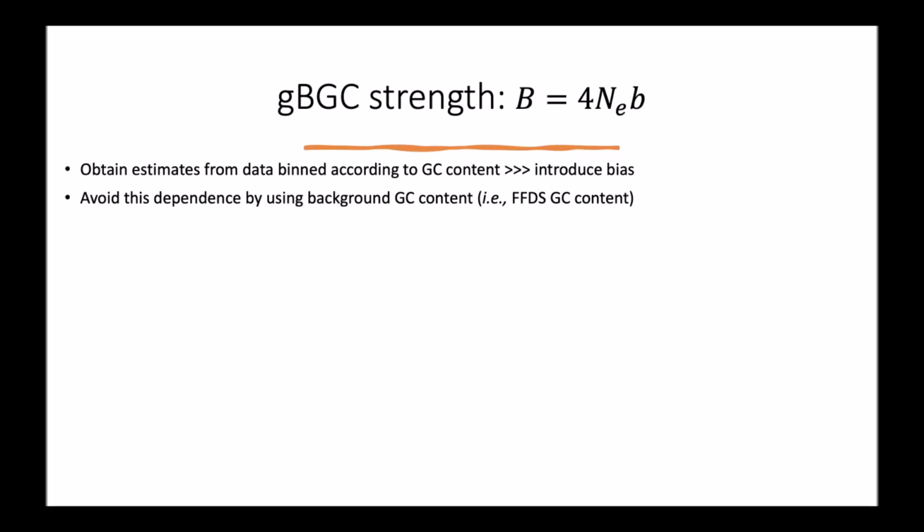To avoid this dependence, I use the background GC content, and I chose the fourfold degenerate sites for this. This has been justified by the significant and positive correlations between fourfold degenerate sites and the short introns base composition, which is pointing out a common mechanism affecting their composition.